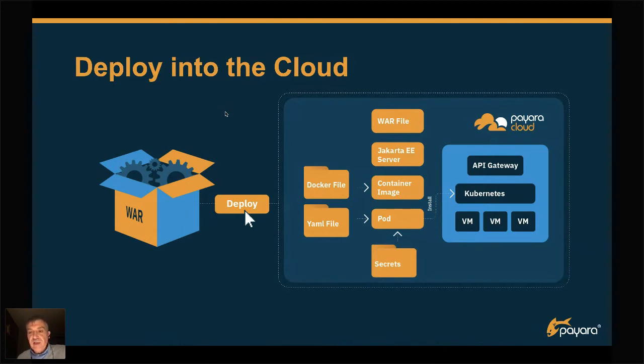So here on the right, you see that Payara Cloud box that is still again a black box. It's doing a lot of things for you, which you can tune.